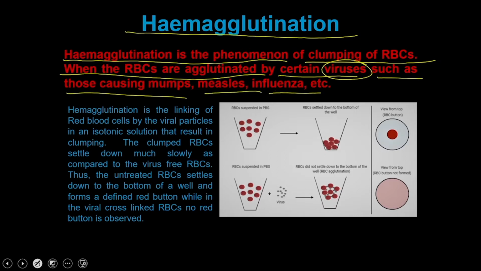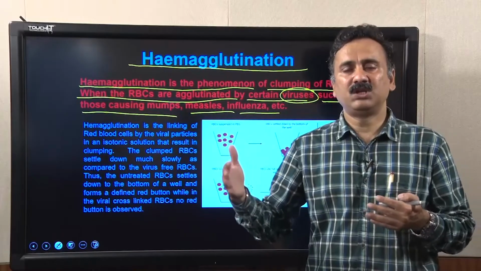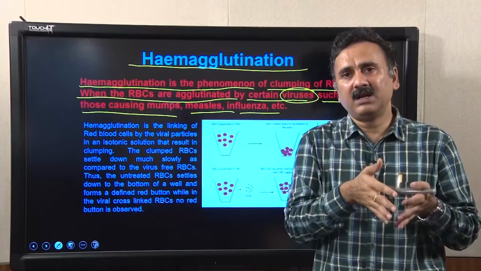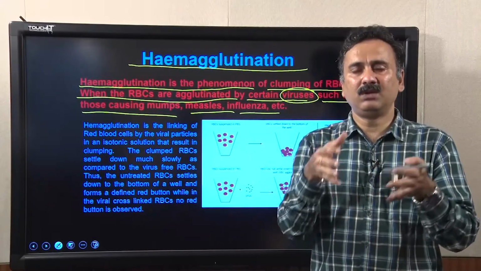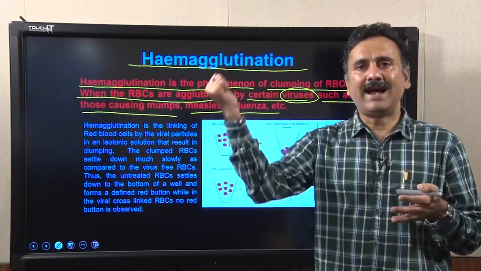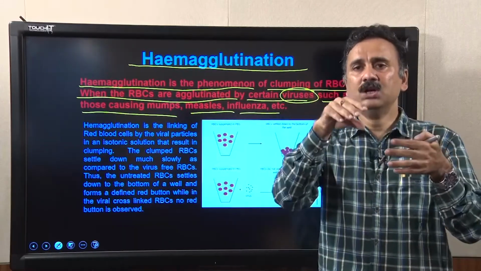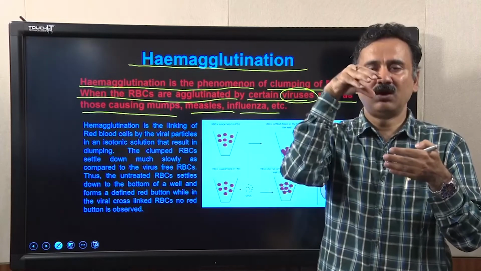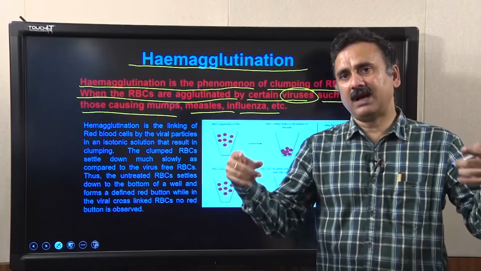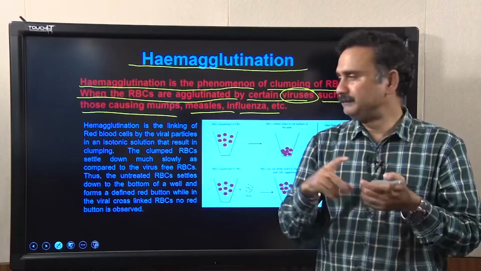These viruses can be detected simply by performing hemagglutination reactions. In a typical hemagglutination reaction, you take the RBCs, then you add the viruses, and these viruses attach to some of the proteins present on the RBC, and that is how they couple them.